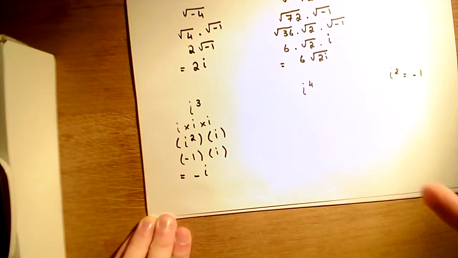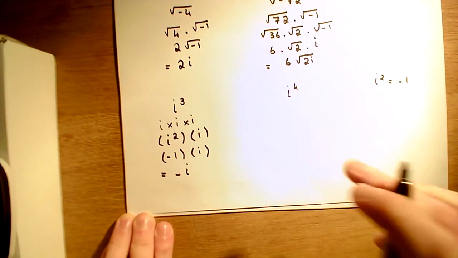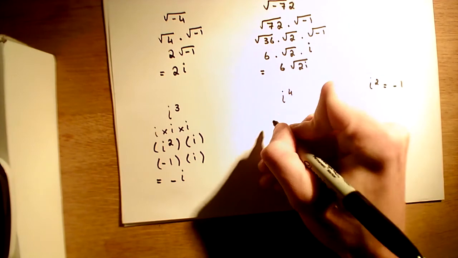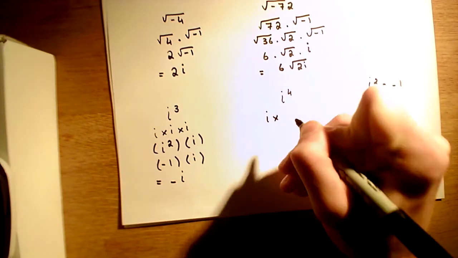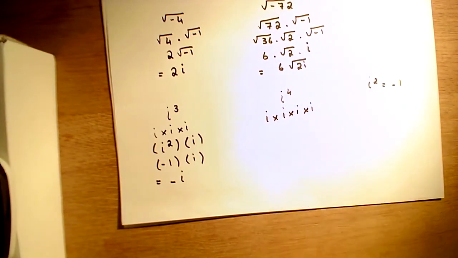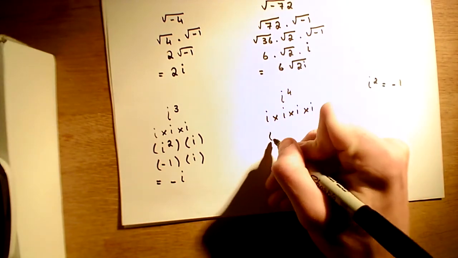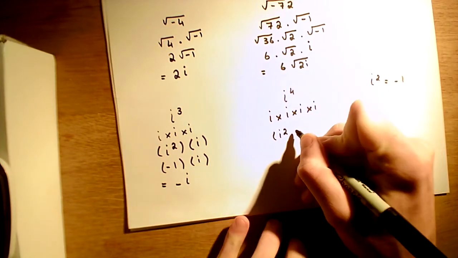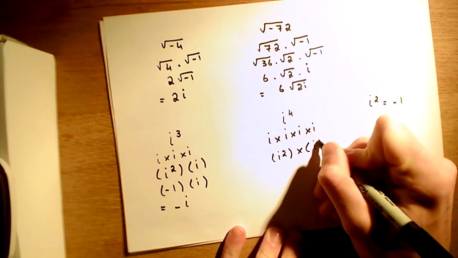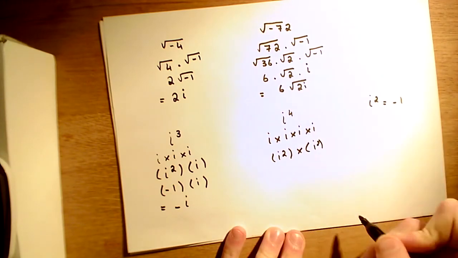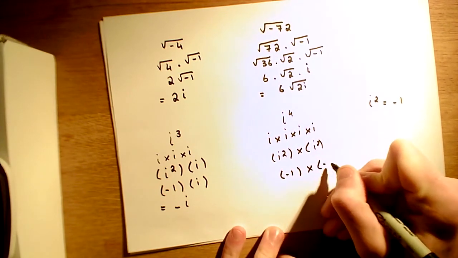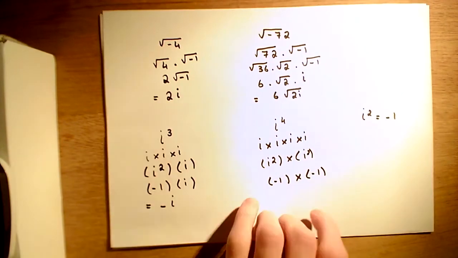Okay. Now let's do the same thing here. If you want to pause the video and give i to the power of 4 a go. So what we have here is i to the power of 4 is the same as i times i times i times i. Let's group these together. We get i squared times i squared. i squared is equal to minus 1. So what we have here is minus 1 times minus 1. It's pretty straightforward.